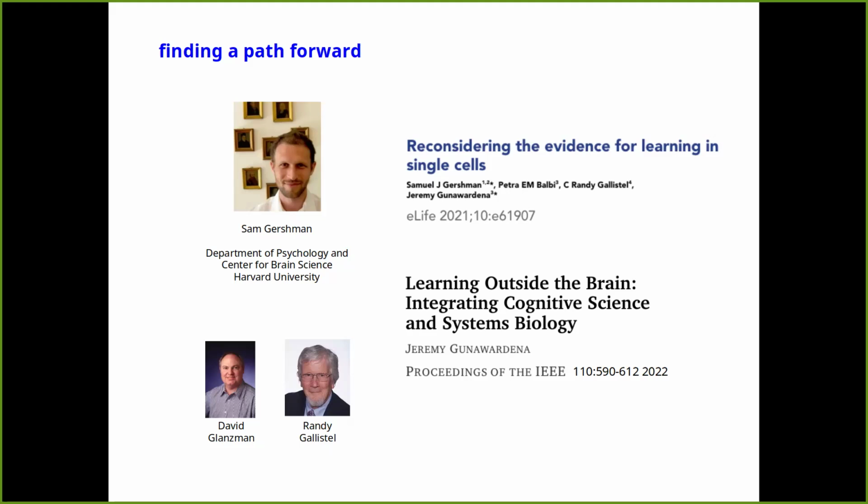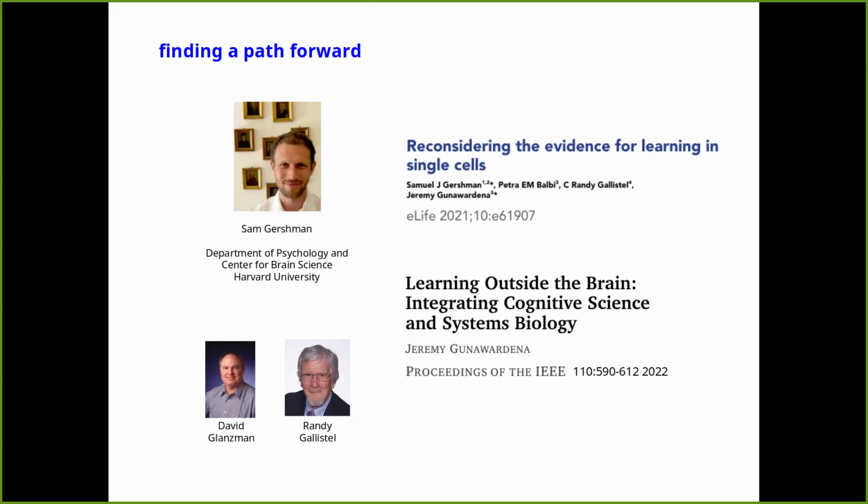And in particular, and I think I probably mentioned Sam's name earlier when I was talking to Leo, my colleague Sam Gershman at Harvard has been one of the really key people for me in helping guide me through some of this morass. And two other people, the neuroscientist David Glanzman and the psychologist Randy Gallistel, have been much involved in the discussions that we've had together.